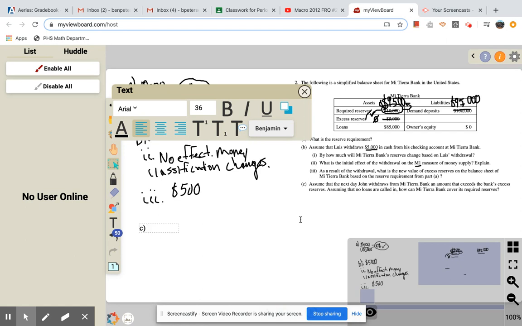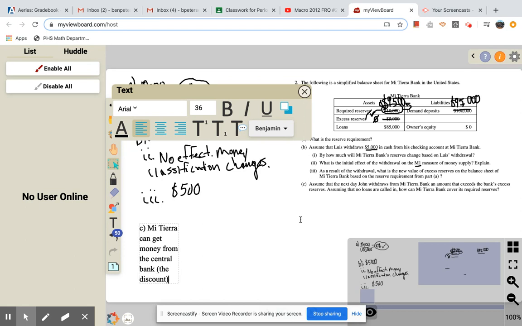But for right now, what I want you guys to write is: me, Tierra, can get money from the central bank, at what's called the discount rate. And we don't know what that means yet either. We'll get there.